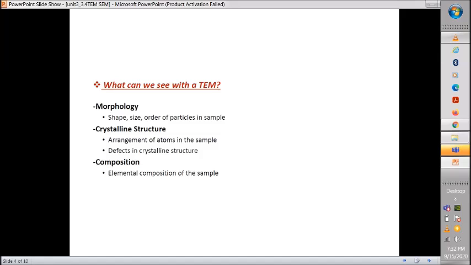With the crystalline structure, we can see the arrangement of atoms inside the sample and defects in the crystalline structure. We can also detect the composition of the sample. From this we can tell that atomic level particles can also be viewed using the transmission electron microscope.